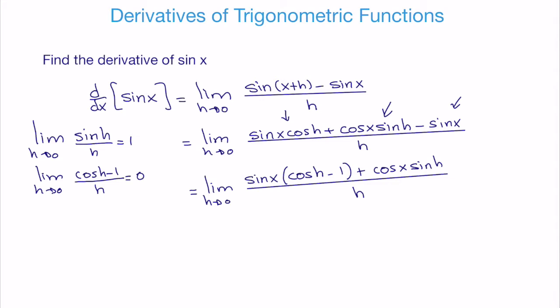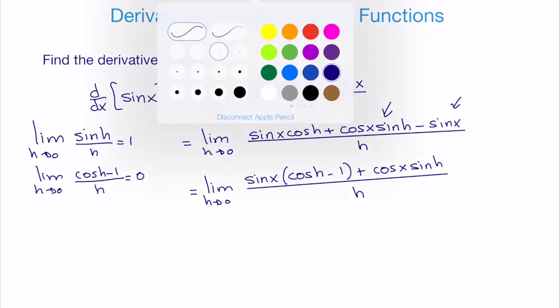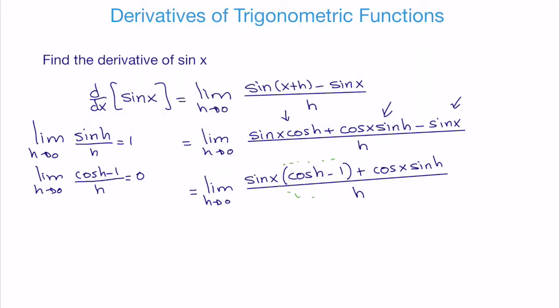We want to rearrange our equations to find those blocks. Can you see them? I can see one block forming here, another block forming here, and it's just a matter of splitting the limit. So let's split the limit.